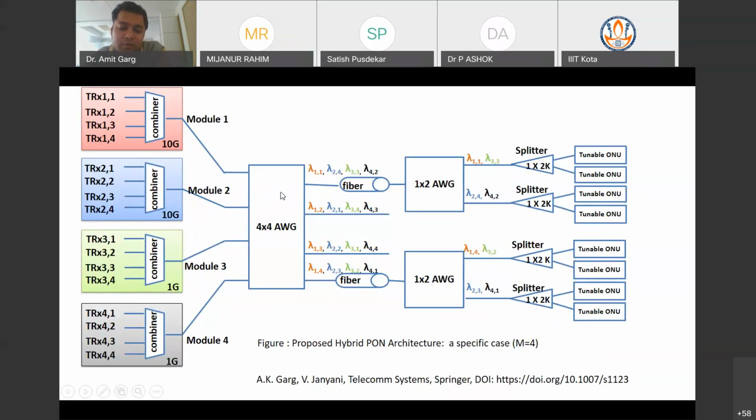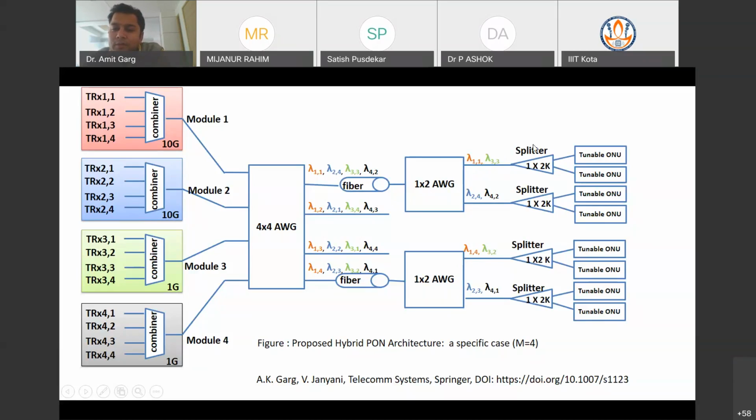Here, remote central office 4x4 AWG, at remote node 1x2 AWG. So basically 4 wavelengths are coming at this point. These wavelengths will be demultiplexed. 2 wavelengths will be received by each port, one at 10G and one at 1G. So lambda 11 is at 10G and lambda 33 is at 1G.